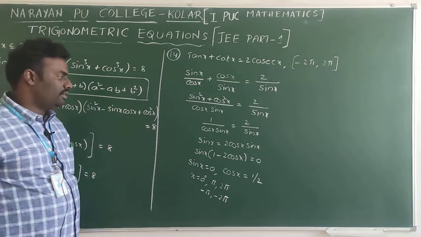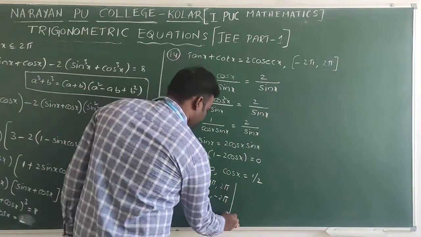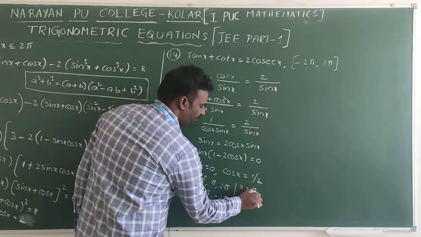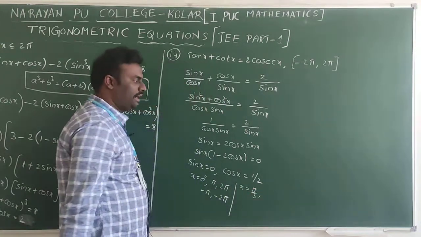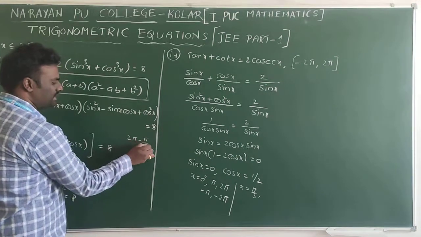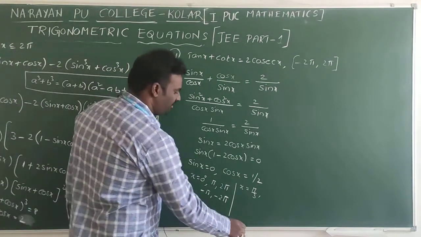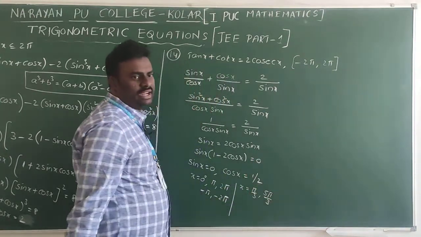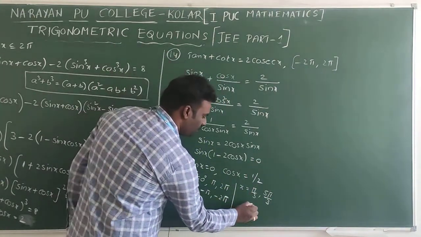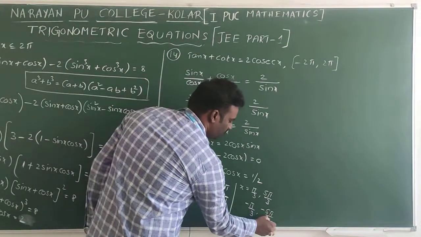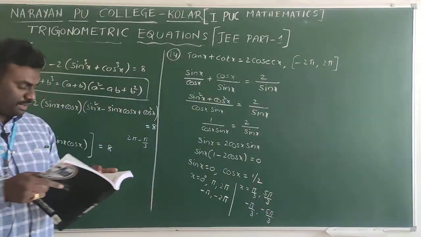Next, when cos value is 1 by 2, cos 60, π/3. Next, we can write 2π minus π/3 also, that is 5π/3. Again, you will take negative values also: minus π/3, minus 5π/3.